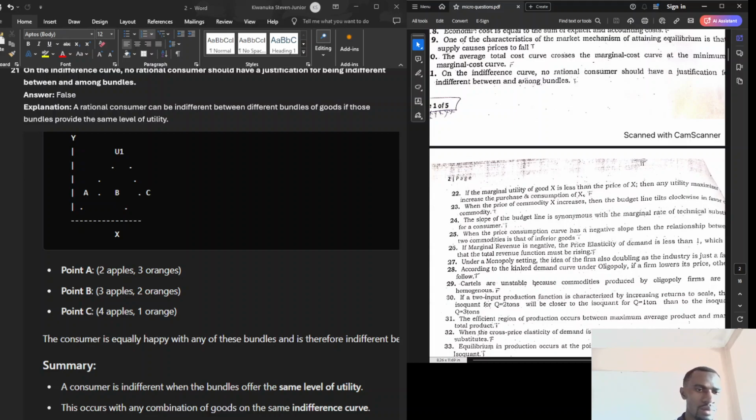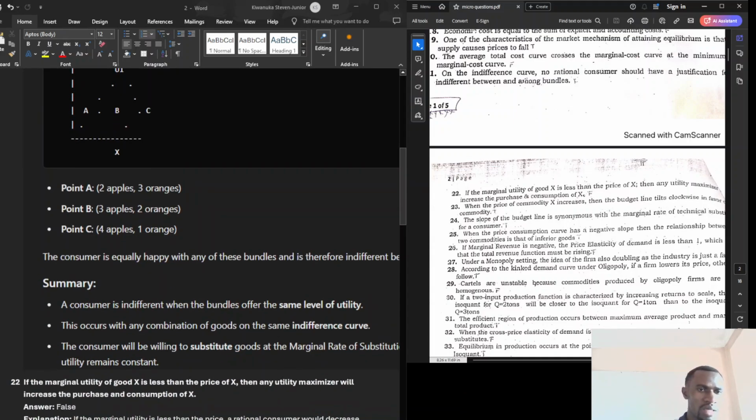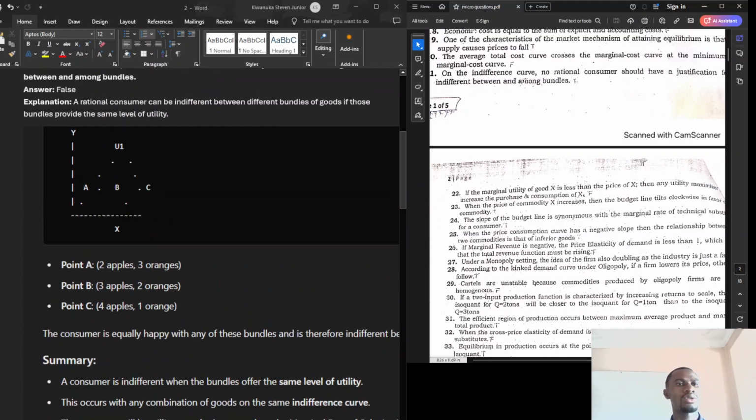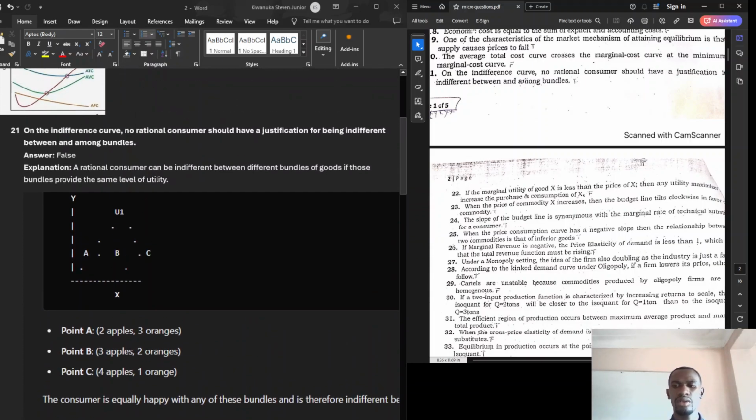So a consumer is indifferent when the bundles offer the same level of utility, A, B, C. This occurs with combinations of goods on the same indifference curve. The consumer will be willing to substitute goods at the marginal rate of substitution if utility remains constant. So that makes our statement false.